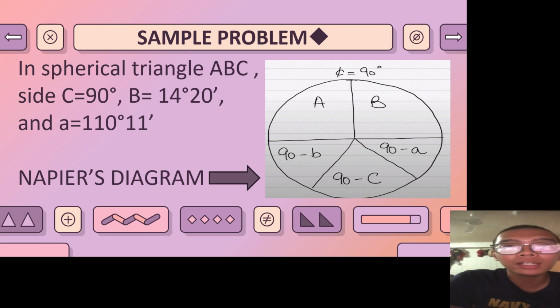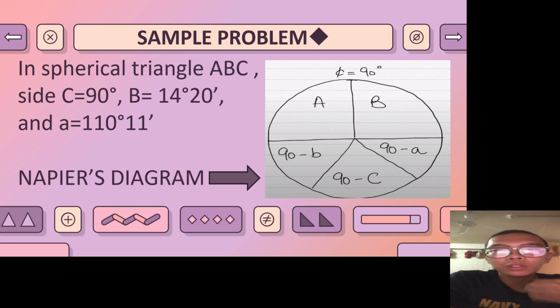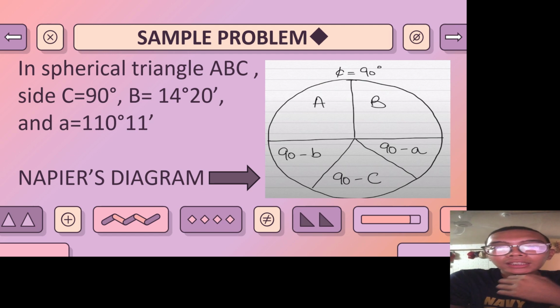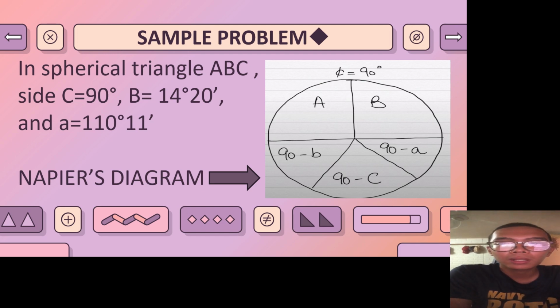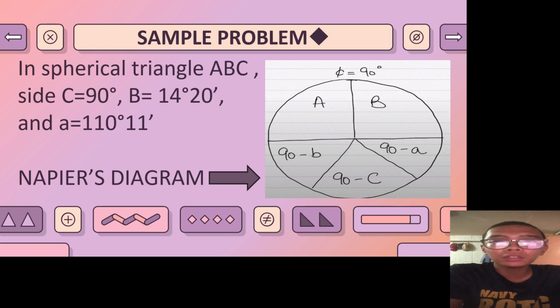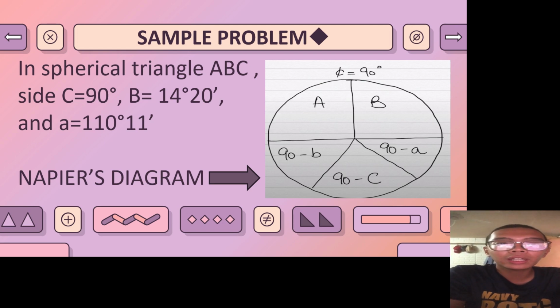The opposite of angle A is B, so we're going to put 90 minus B. At the right side of the bottom semicircle, we have angle A, which is opposite to angle B, so 90 minus A. In the middle of the bottom semicircle, we have the remainder angle, which is C, so 90 minus C.